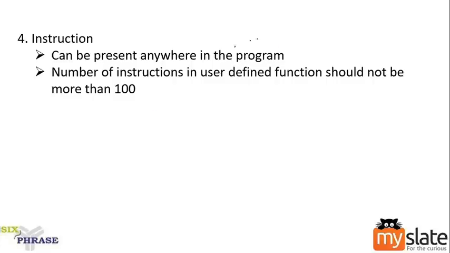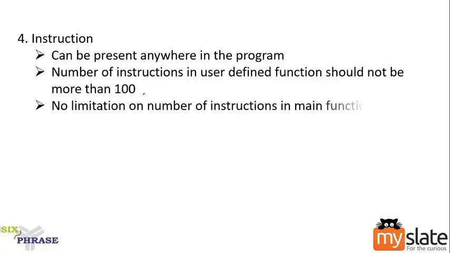They are saying only for a user-defined function the maximum is 100, which directly derives the next point, that there is no limitation on the number of instructions for the main function. Clear? So this is what they have mentioned in the question. There are just four important points mentioned in the question. One is about curly brackets, next is angular brackets, third is round brackets, and fourth is about instructions.